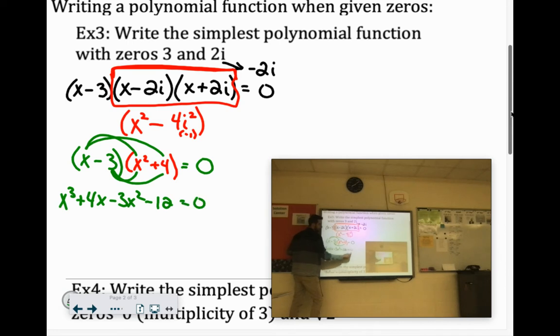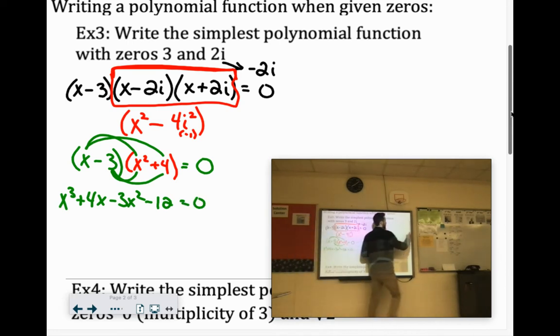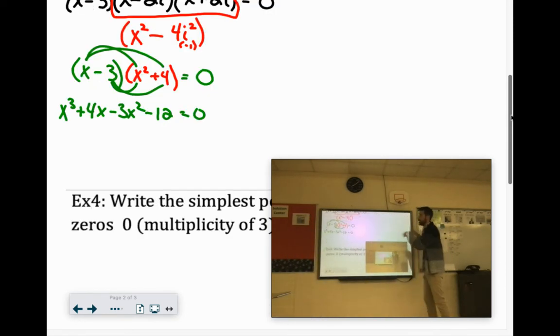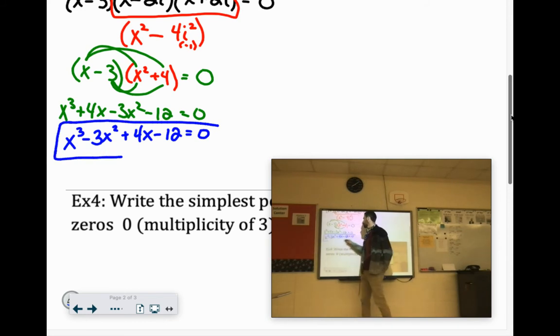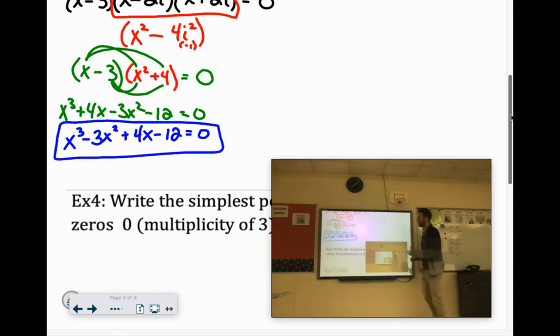Now the only thing I would change here is to make sure that it's in standard form, which it's not. We need to flip-flop the 4x and the negative 3x squared. So x to the third minus 3x to the second plus 4x minus 12 equals 0. So there's 3 zeros there, which they only showed us 2, but remember, those complex numbers come in a pair.